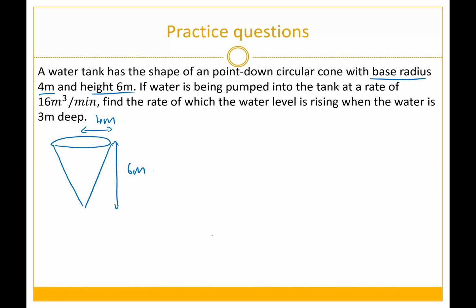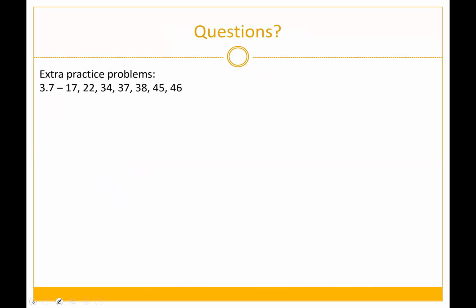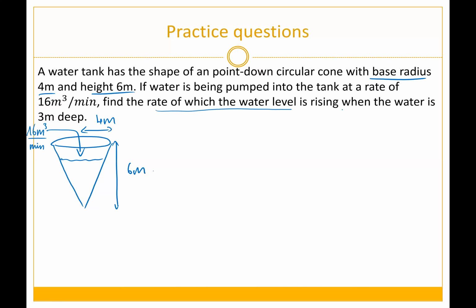If water is being pumped into the tank at a rate of 16 cubic meters per minute, find the rate at which the water level is rising when the water is 3 meters deep. So we need to find the rate of change of the water level.